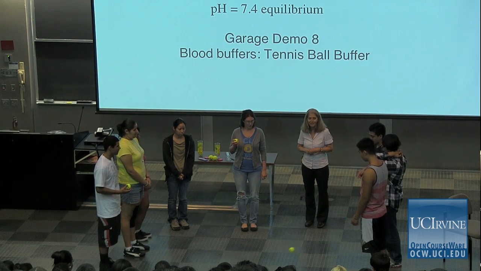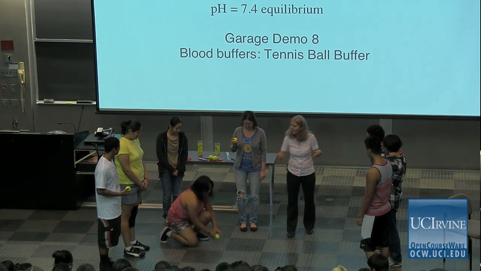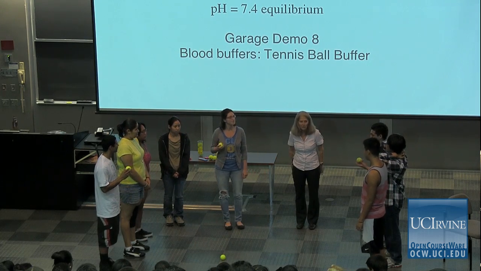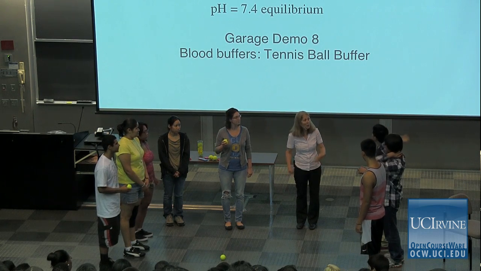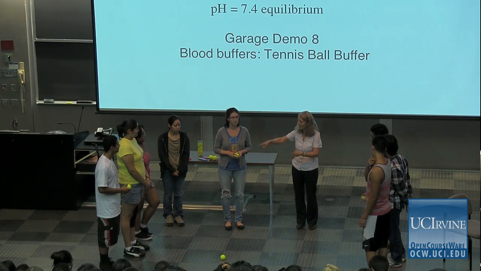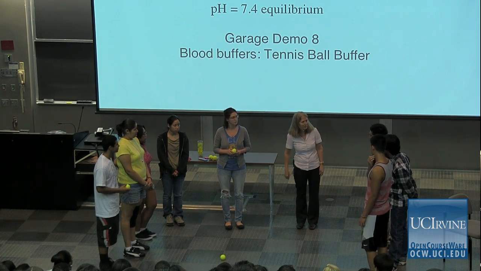Okay. Very good. Okay, so now we have how many carbonic acids left? 2. And we have how many bicarbonates? 4. Okay, so by putting in OH into the solution, OH took one of those hydrogens out, and what happened is, do you want to add one?